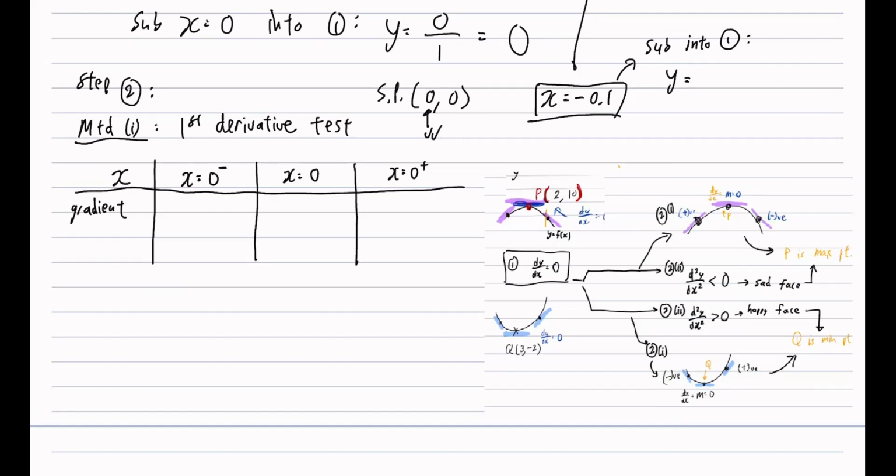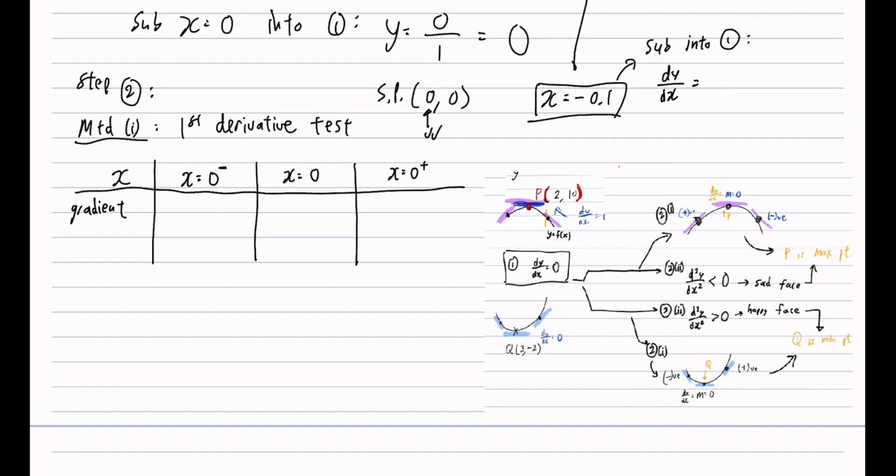Approximately 0.019605920099. How come I got that? Wait, sorry, not y. I don't want y. I need the dy by dx.